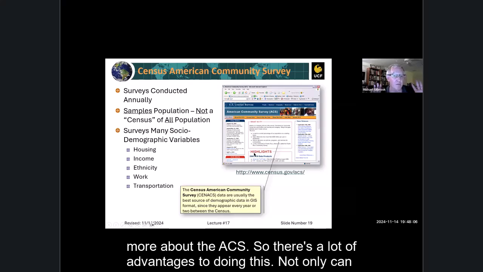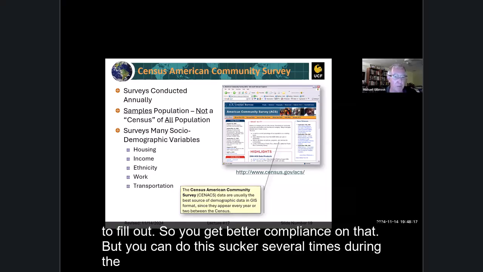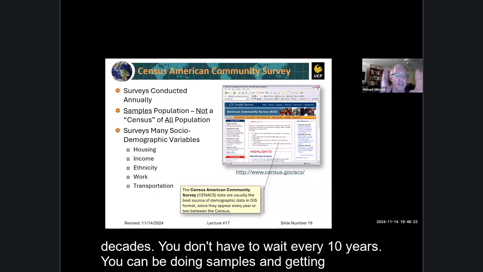So there's a lot of advantages to doing this. Not only can the Census Bureau get all that additional data removed from the census and make the census easier to fill out, so you get better compliance on that, but you can do this several times during the decade. So you don't have to wait every 10 years.